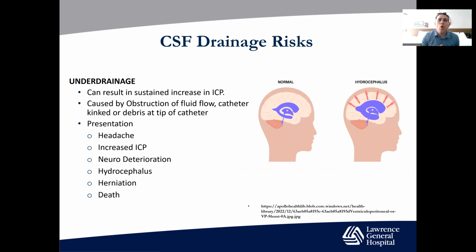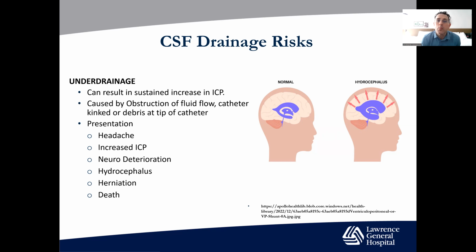So what are some of the drainage risks? You could have under drainage, and this can result in sustained ICP. Someone would likely have new neurological deficits or a repeat of their neurological deficits, or they'd complain of headache, or they'd have altered mental status. And where might you see this?